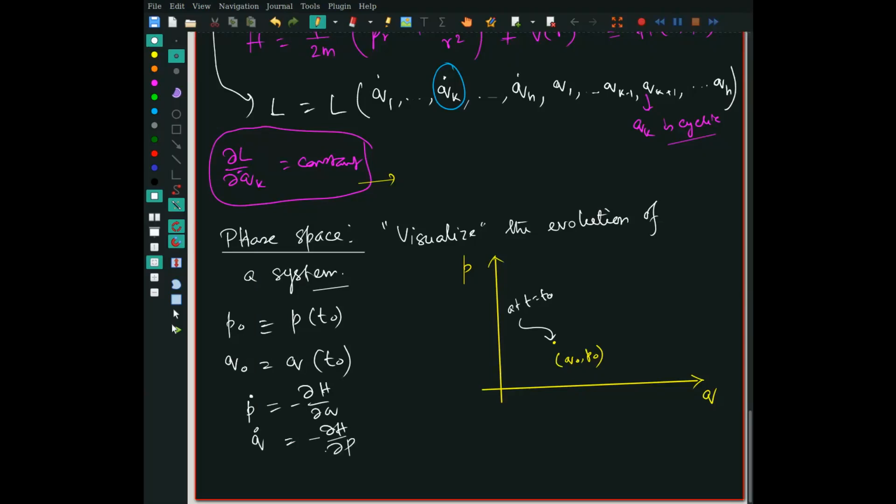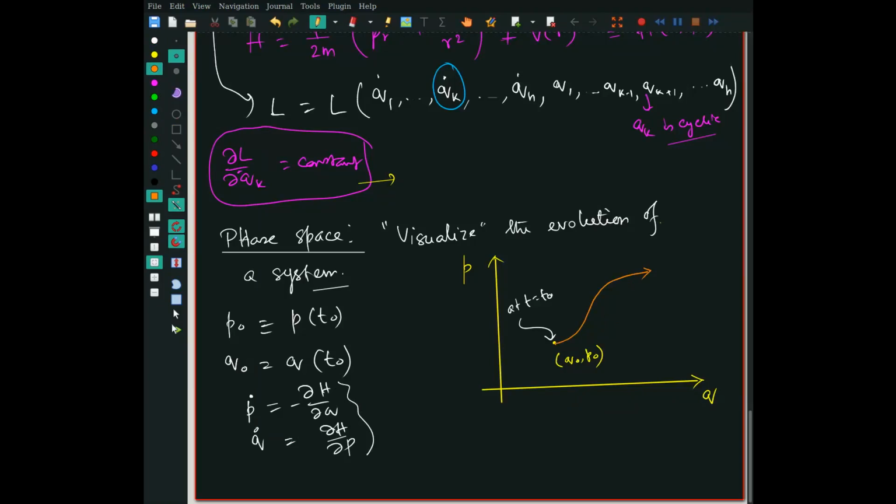So given an H, this H governs the time evolution of this p and q. That means starting with q0 and p0, the evolution of this point would be governed by the Hamiltonian. So this is the time evolution.